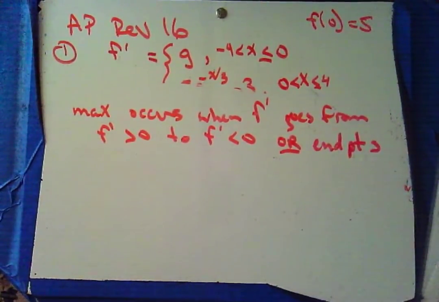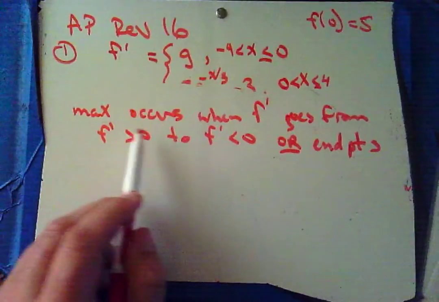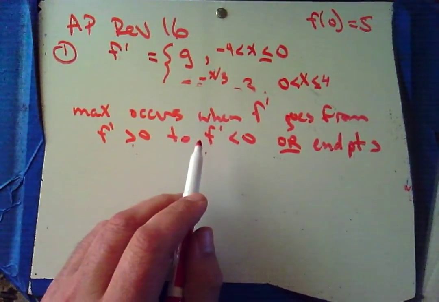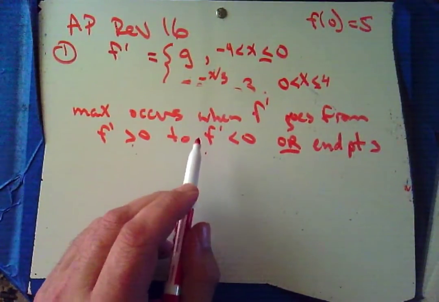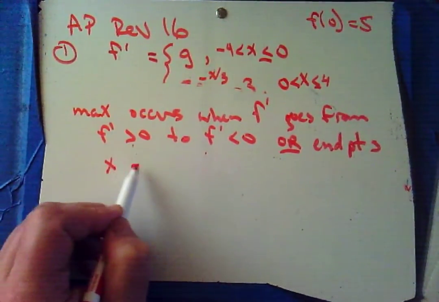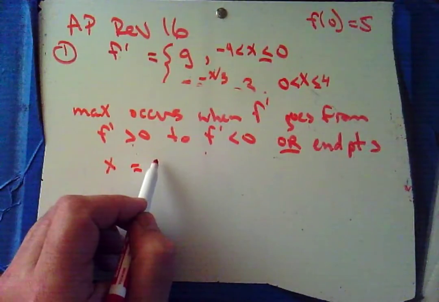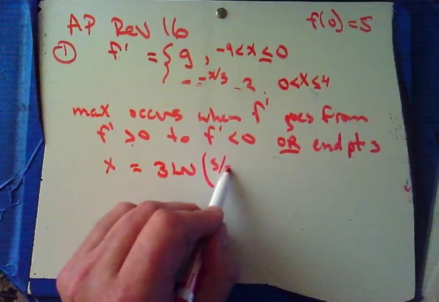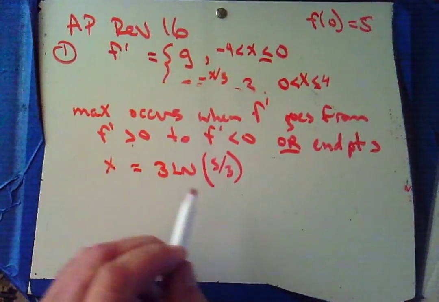So do I see any places where I go from above the x-axis to below the x-axis on the f prime graph? And yes, I do. That happens at x equals 3 ln of 5/3. Okay, so there's a critical point.